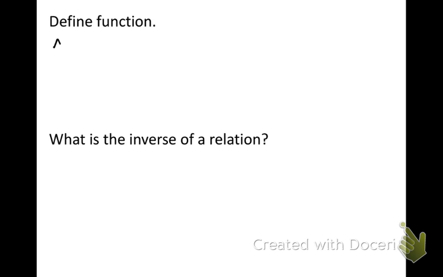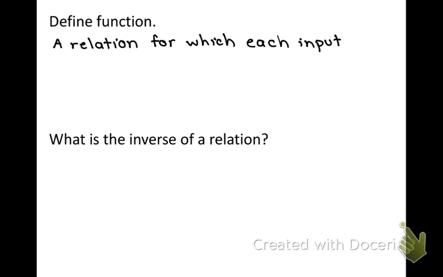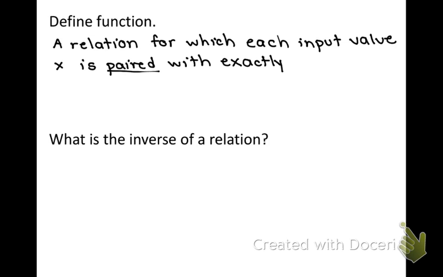Define function: it is a relation for which each input value, and generally speaking our input value is x, though the variable could certainly change, is paired with exactly one output value.